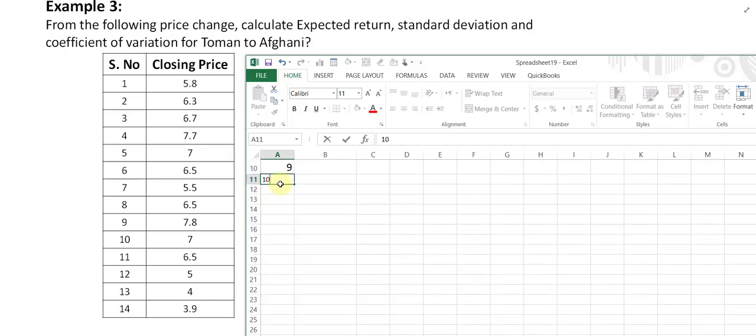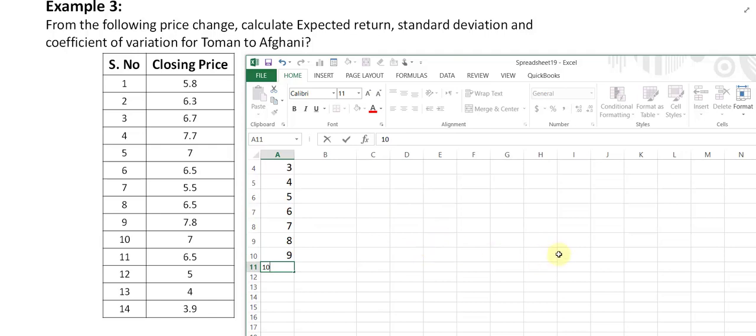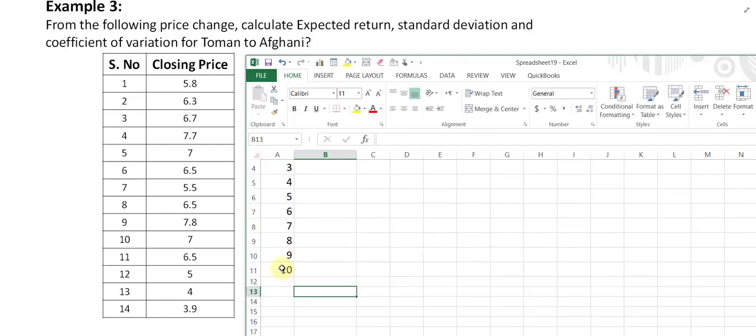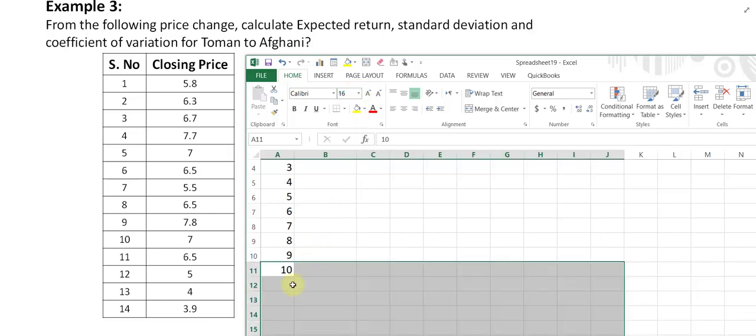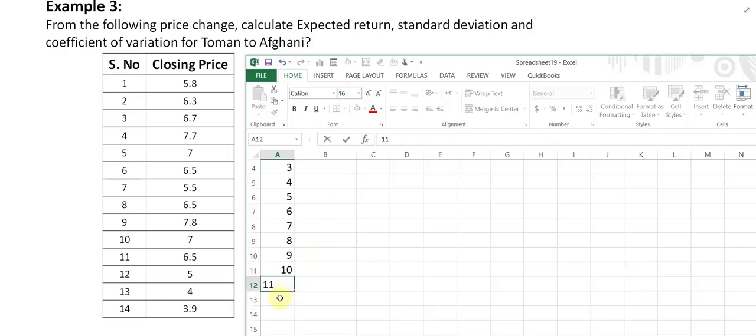The font is small for this one, so let me increase it for this one as well. The font for this one also should be equal to 16. Right. Then 11, then 12, then 13, then 14. So we have 14 numbers, so you can mention those 14.